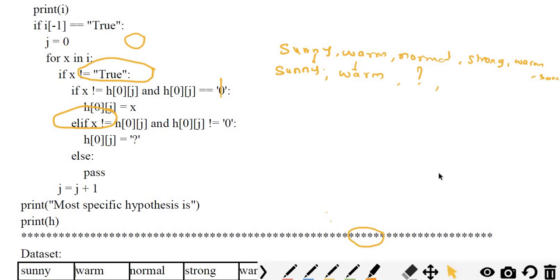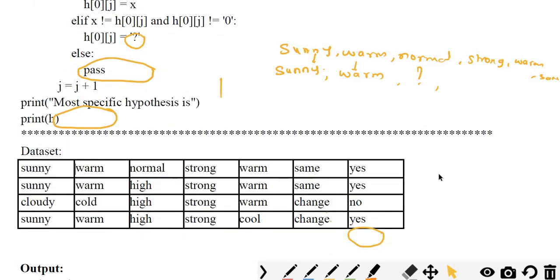Here he has taken it as true. You can also write it as yes, or you can change it as true, because in the program he has taken it as true. True and yes are both the same, and no is nothing but false. You can change it like this, or else in the program you can change wherever true is there to yes and keep the data set as it is.